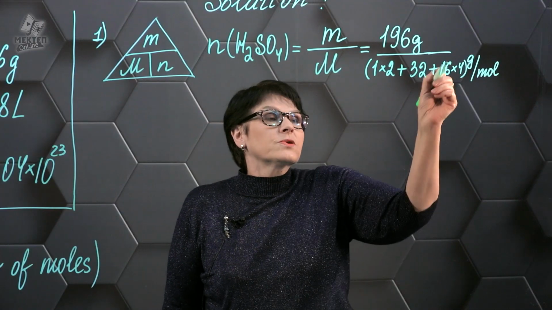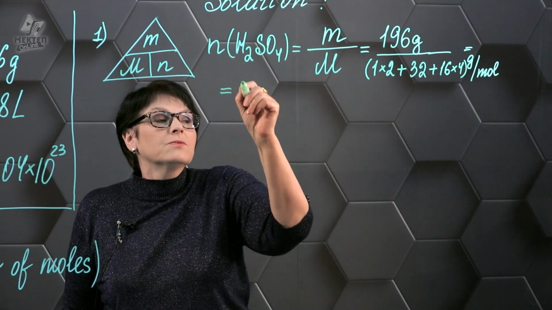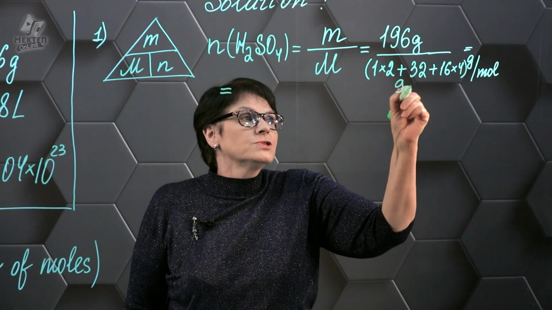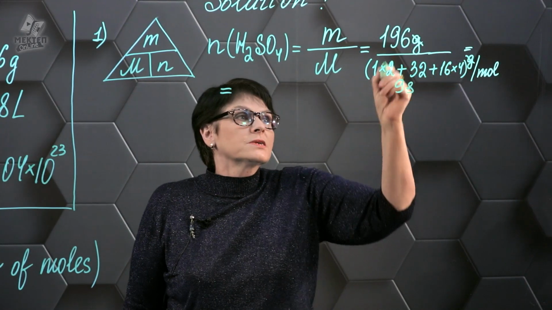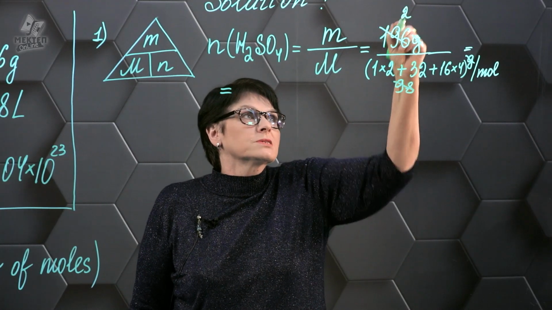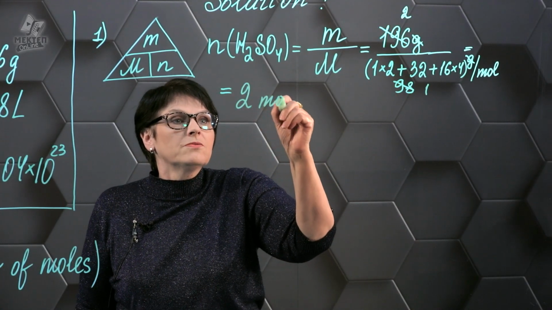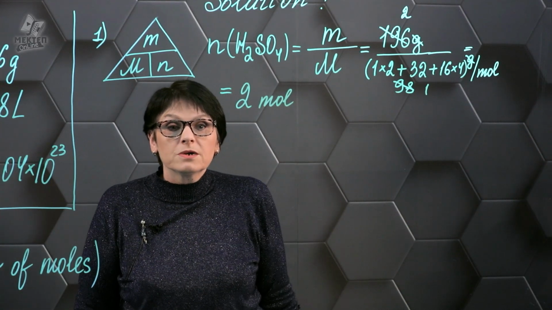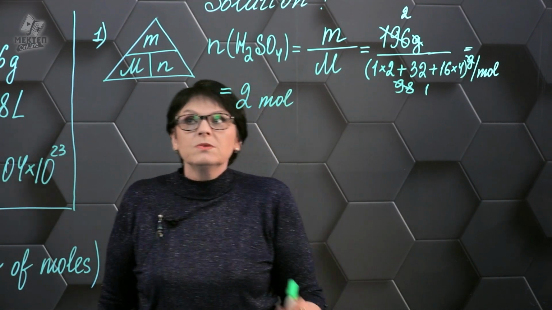In this case, we have the figure obtained from below equal to 98. And then respectively grams and grams will be reduced. 196 divided by 98 gives 2, and the answer to the problem will be 2 moles of the given substance. We have solved this problem. As you can see, it was not difficult at all.